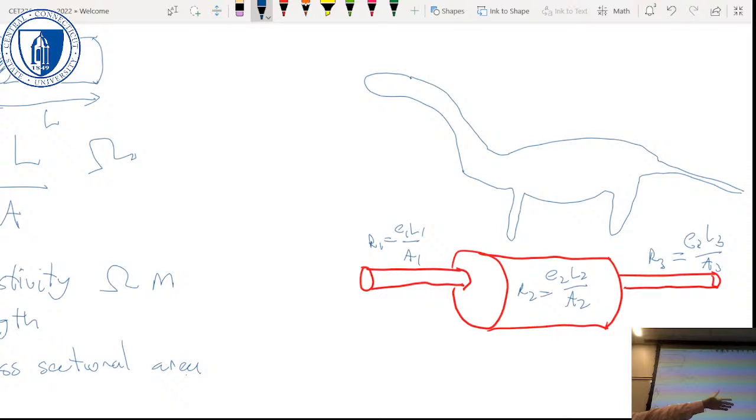The other one is, if I put this in a freezer, its resistance would change. One of the biggest problems with electric vehicles is to do with their battery.